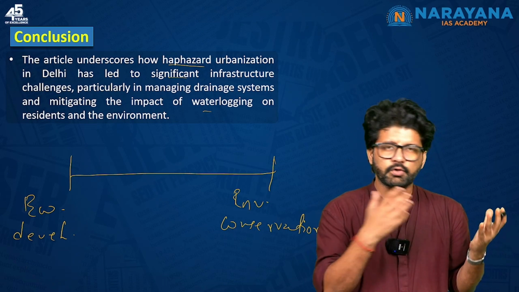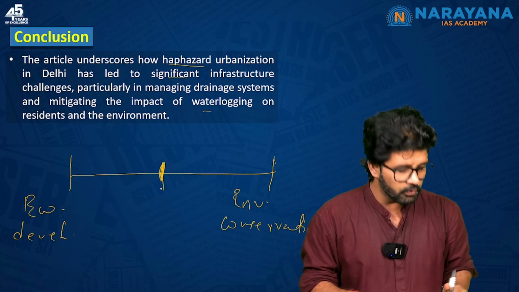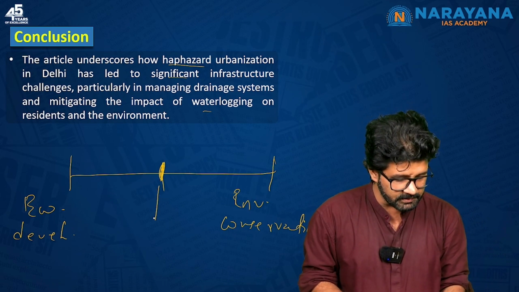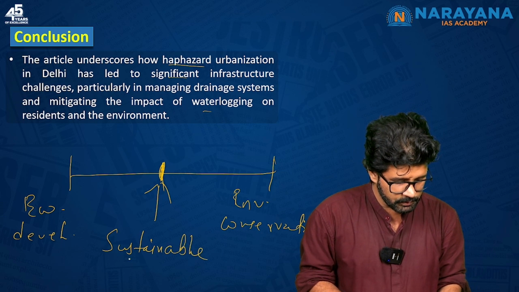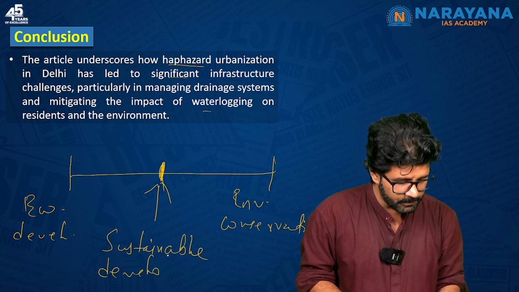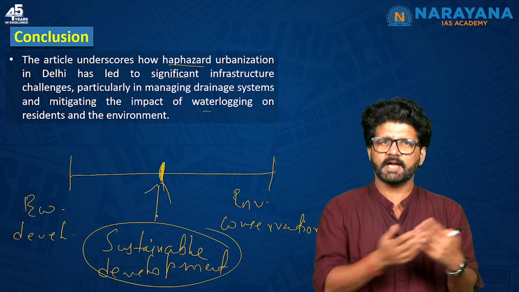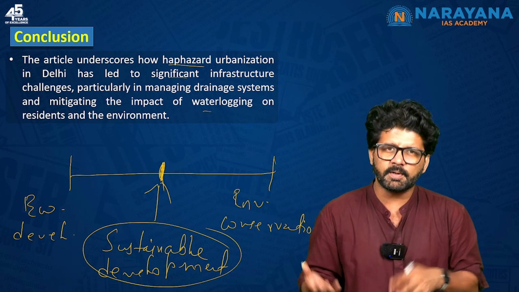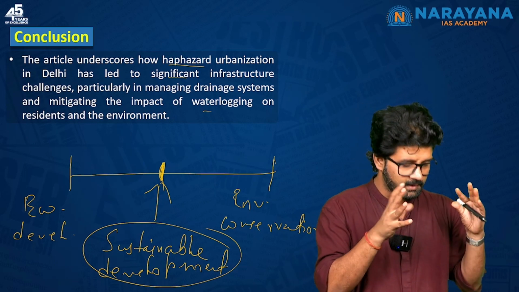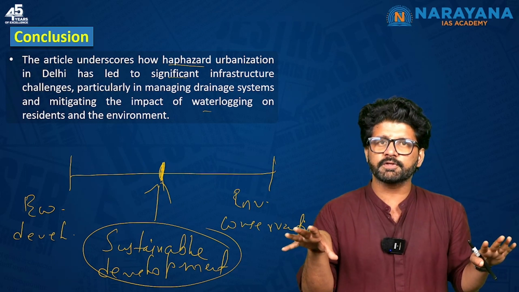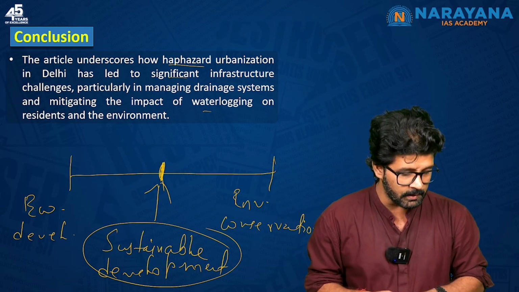But according to environmentalists and other scholars, no, there is a midpoint where you can focus on both economic development and environmental conservation, and that is known as sustainable development. So the solution to haphazard urbanization lies to a great extent in promoting sustainable development, and that's why you have the Sustainable Development Goals, 17 goals, 169 targets and everything. It's not that they are at opposite ends of the spectrum. They meet at a point, and that point is known as the point of sustainable development.